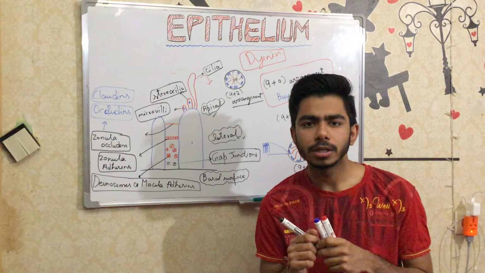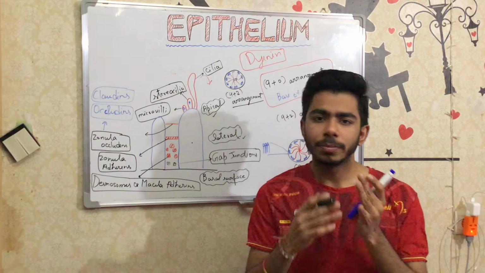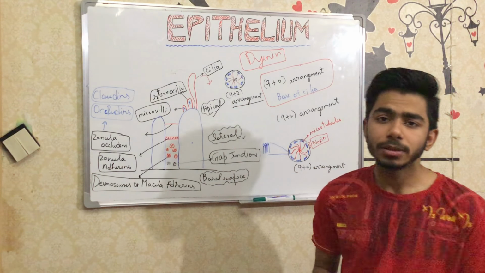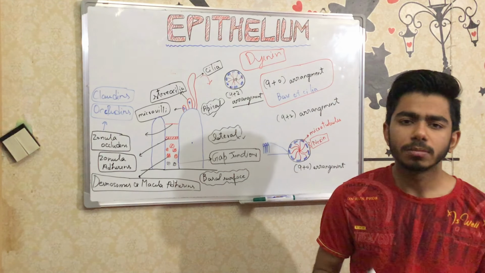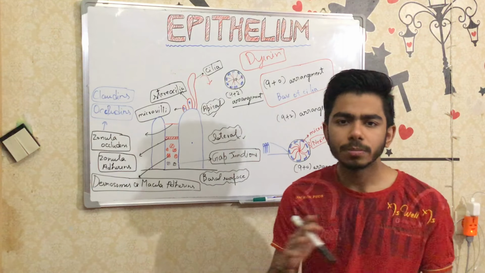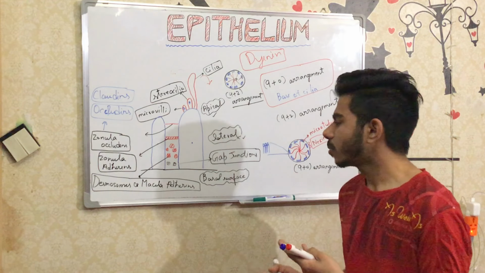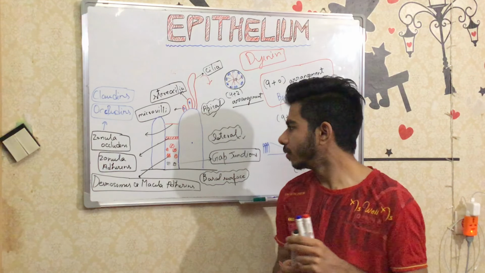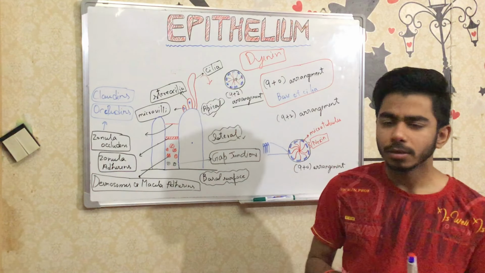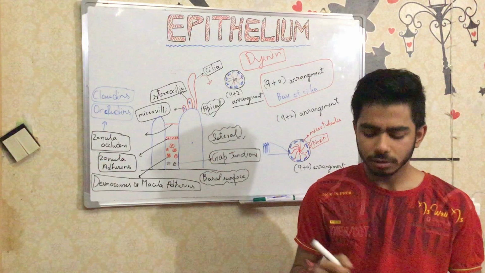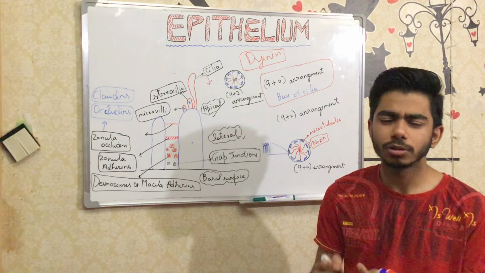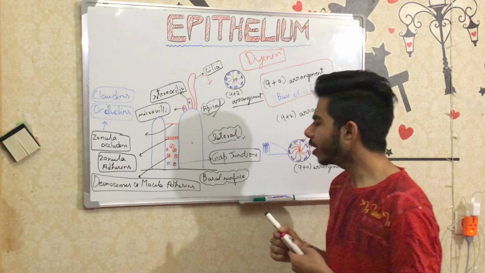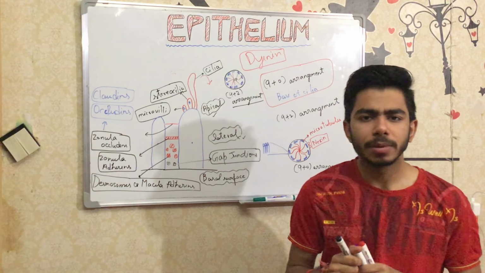As these epithelial cells, at last, rest on the basement membrane. If I talk about simple epithelium, for example simple squamous, simple columnar, simple cuboidal, they simply rest on the basement membrane. And if I talk about stratified epithelium, those which have multiple layers, for example stratified squamous, stratified cuboidal, stratified columnar epithelium, they also rest on the basement membrane.